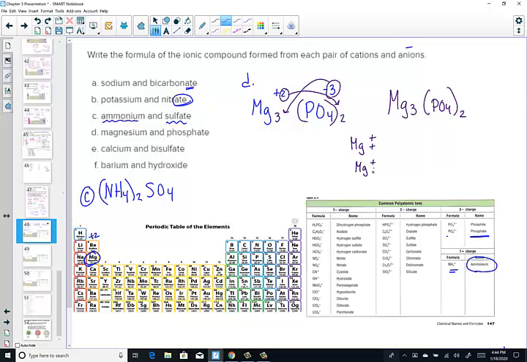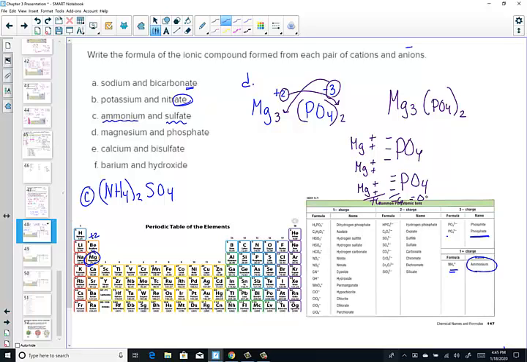We can see that it's going to require three positive 2s to balance two polyatomic ions that carry a -3 charge. Do you see with that visual that my net is a +6 and the net for the negative is a -6? We have indeed balanced electrically. I have PO4 taken twice. Two of those -3s electrically balance three units of Mg, each at a +2. All right, we'll keep going.